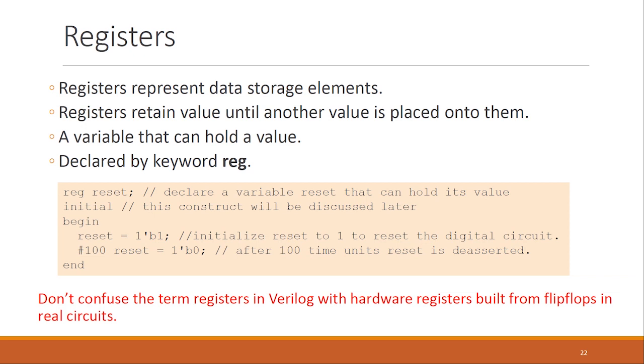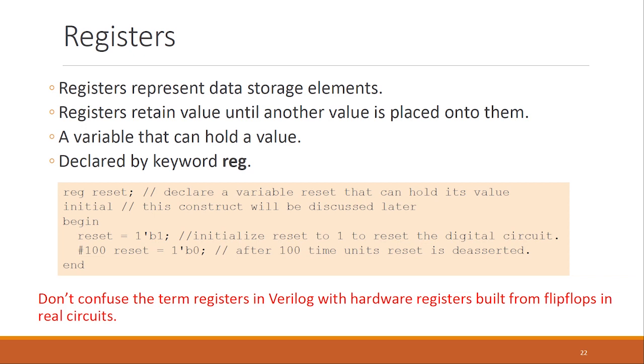That's all you need to keep in mind. Registers retain value until another value is placed onto them. Until you place something else, the value assigned to the register remains the same. In other words, a register is a variable that can hold a value.